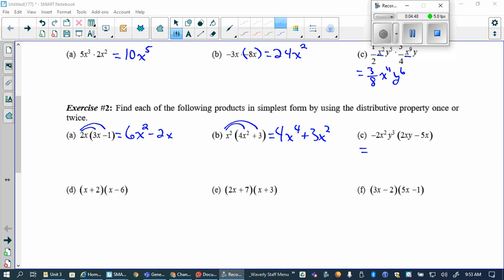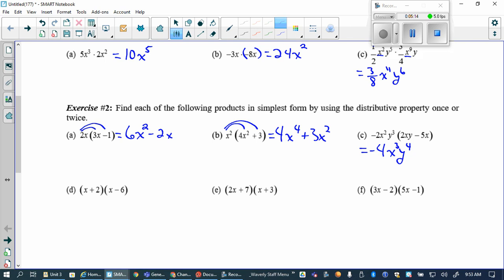Well, what do we get for C? Negative 4x to the what? X to the third, yep. Y to the fourth.